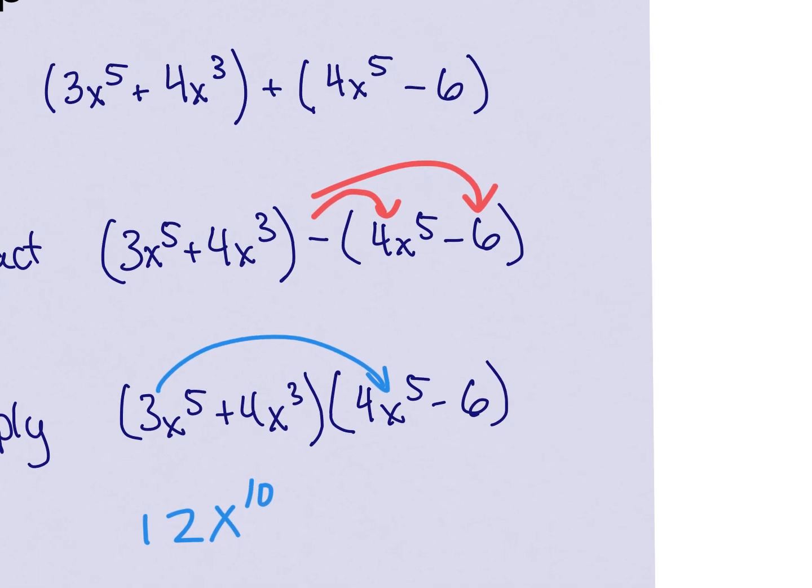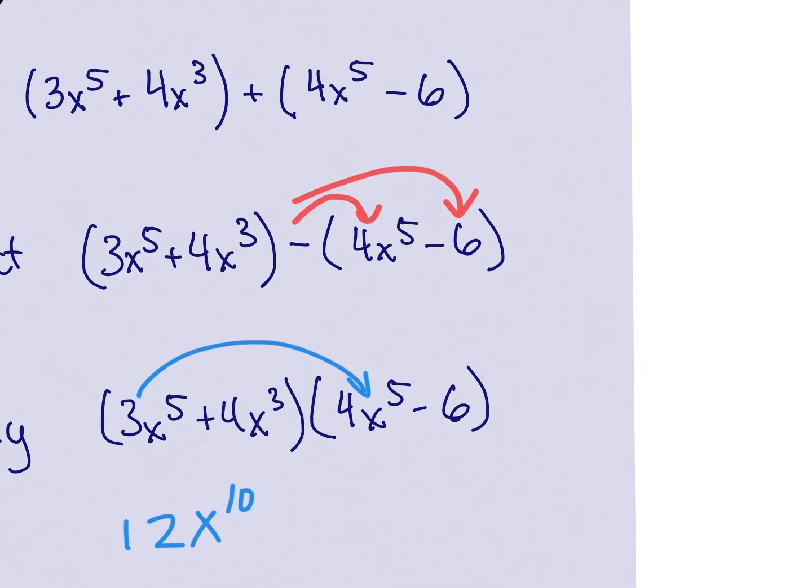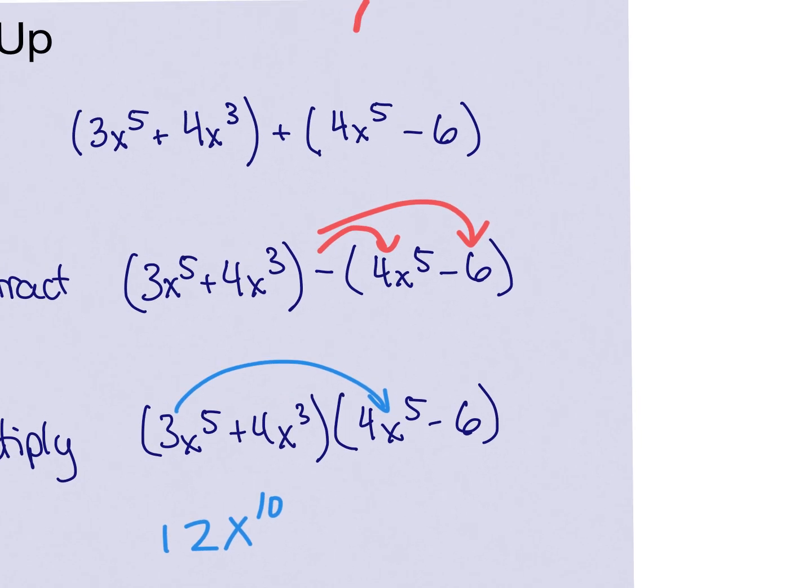All right, try to get those three answers, and then I'll tell you what we're doing for new stuff for today. All right, just to make sure you're started on the right foot here, that and that are like terms. So you can just put them together, and you get 4 and 3 makes 7, x to the 5th.